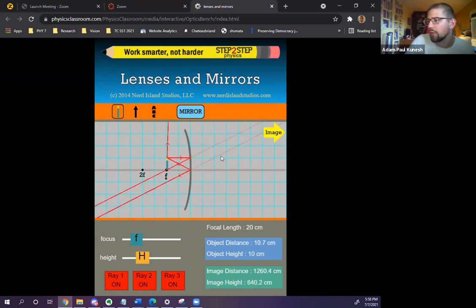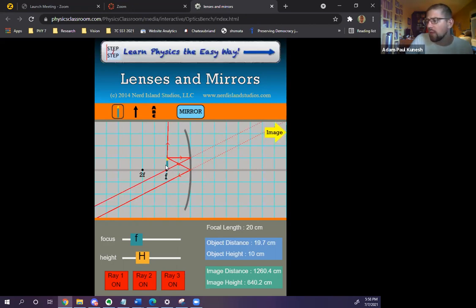Whoa, and the simulation freaks out a little bit, but these lines never cross, right? So eventually it gets infinitely far away. At that point, the image basically doesn't appear. The image distance is infinite. And that's what this problem is trying to get at. When the source is at the focal length for a concave mirror, the image is infinitely far away. Basically doesn't exist.